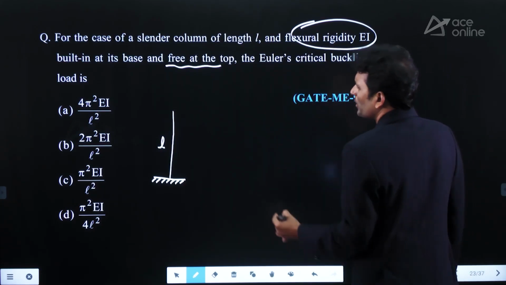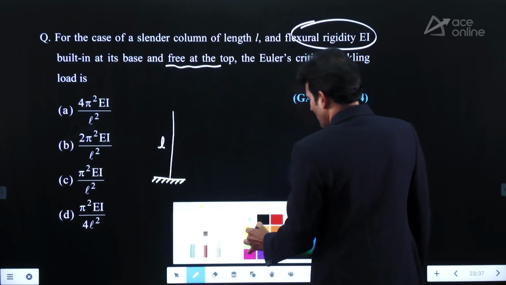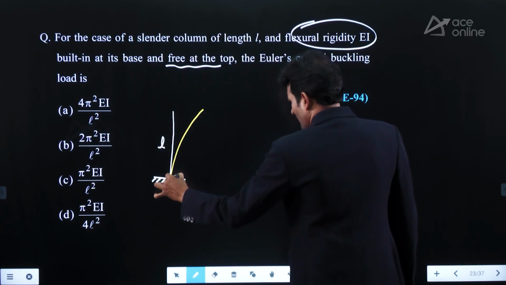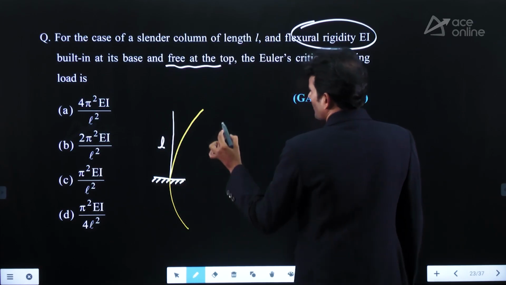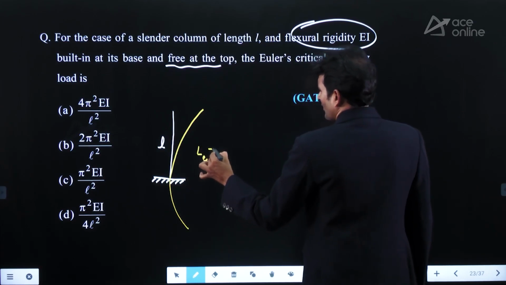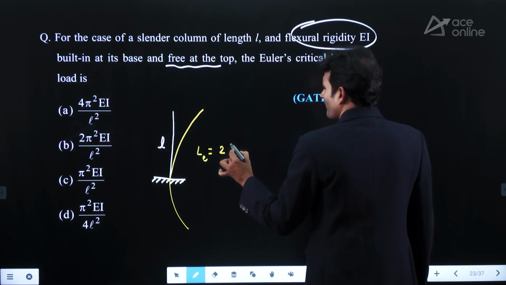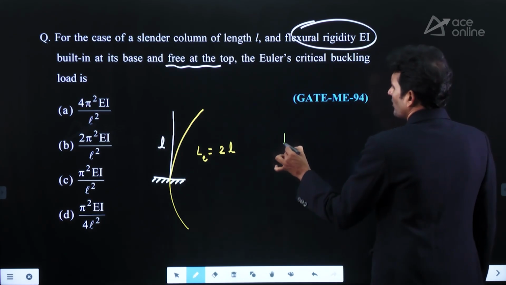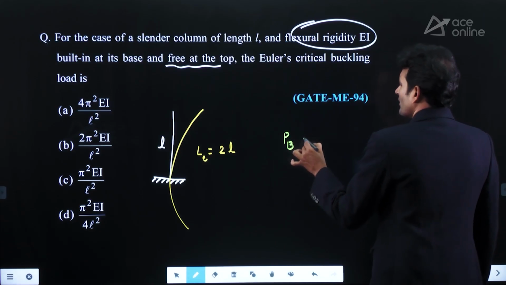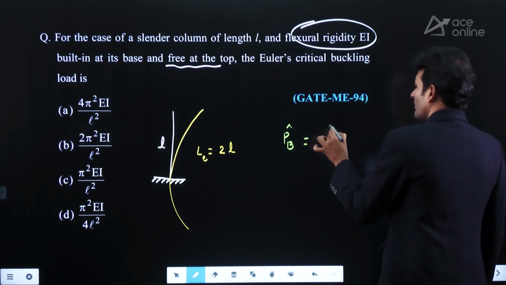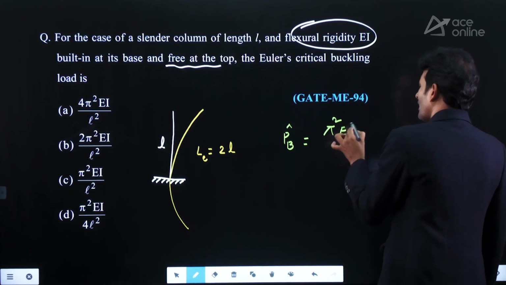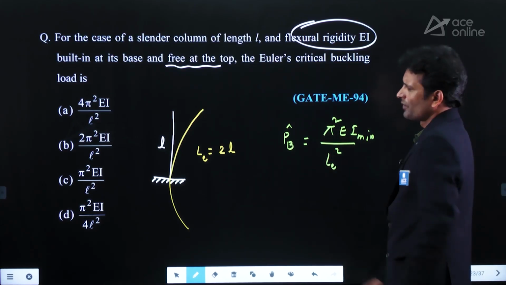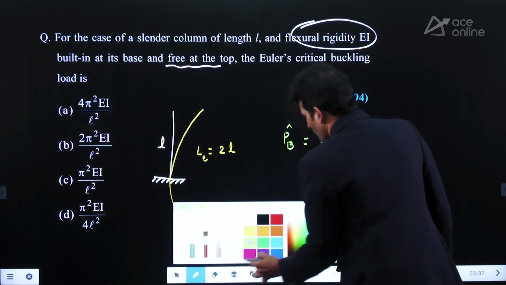So, try to find out LE for this one. LE effective length of the column for this one. If I take the buckling curve, join this curve and complete this curve. LE under this case, it is 2L we are having, right? Now, what is the standard Euler formula to find out the Euler buckling load? PB equal to or PB cap equal to pi square EI min divided by LE square. Substitute LE square value.